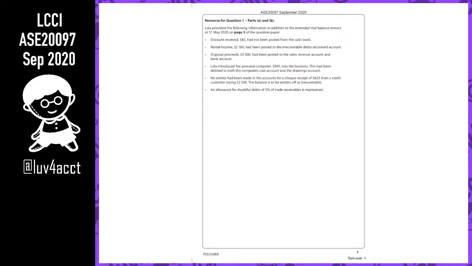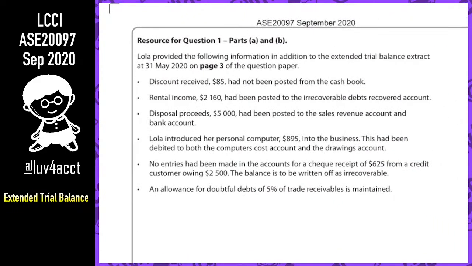Let me set the question information first. Extended trial balance. Okay, done. So Lola provided the following information in addition to the extended trial balance extracted on page 3 of the question paper. Discount received had not yet been posted from the cash book.